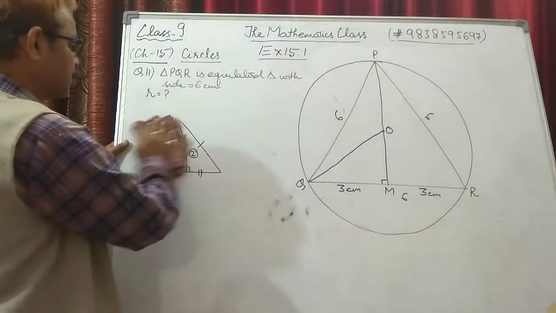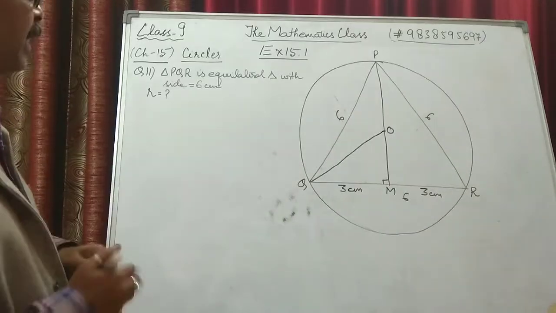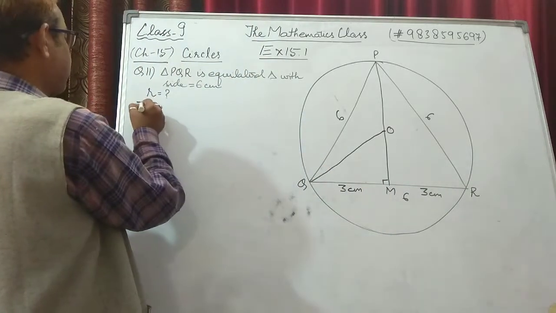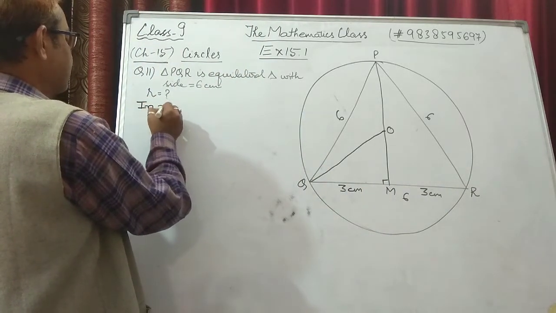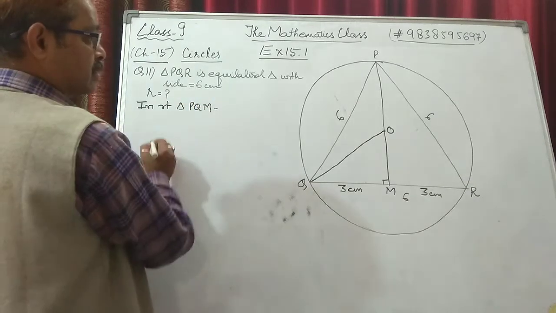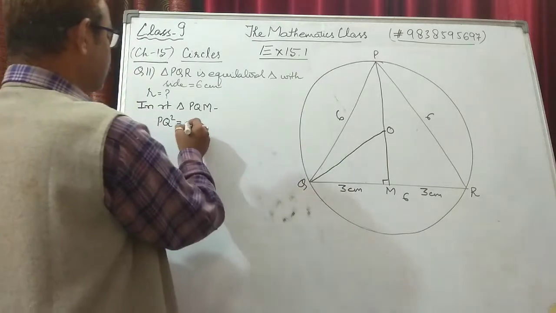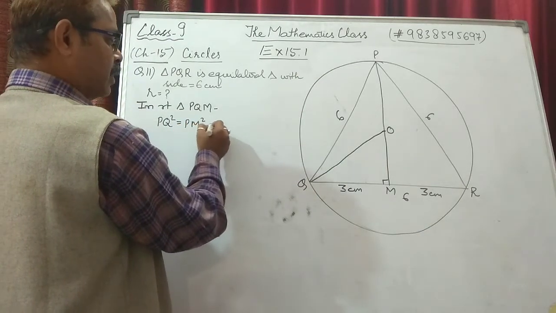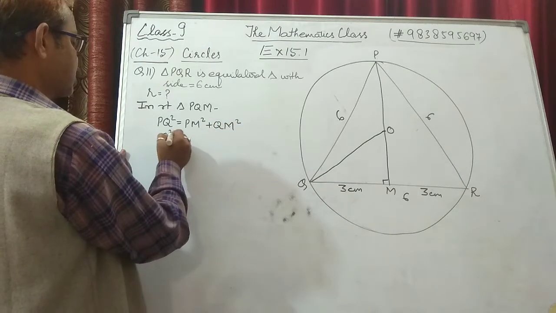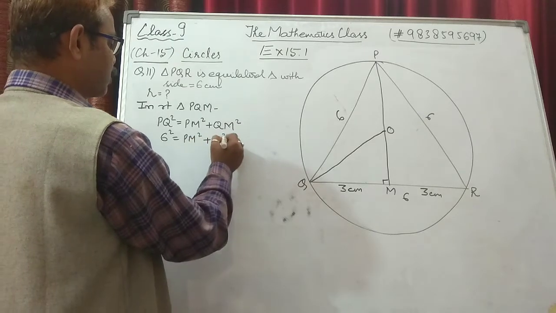Now, first of all, we will take the bigger triangle, that is triangle PQM. So in right triangle PQM, PQ square is equal to PM square plus QM square. Now PQ is 6, so 6 square, PM we need to find out, PM square, and QM is 3, so 3 square.